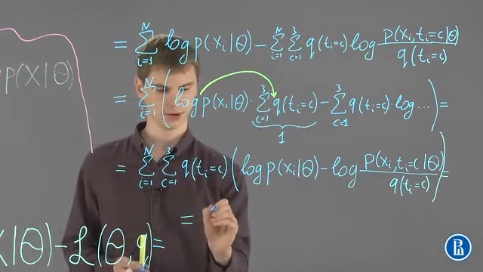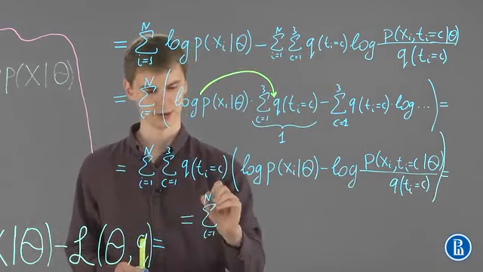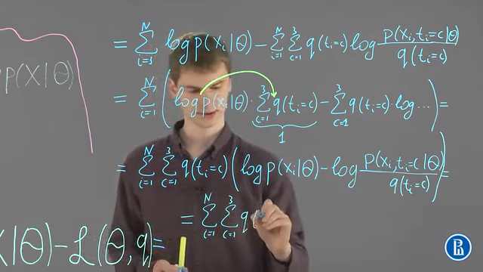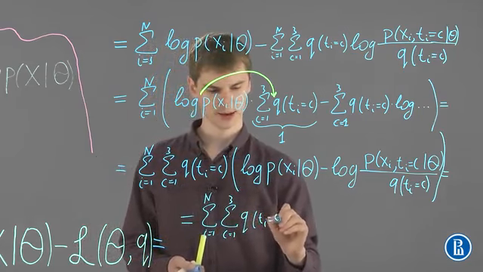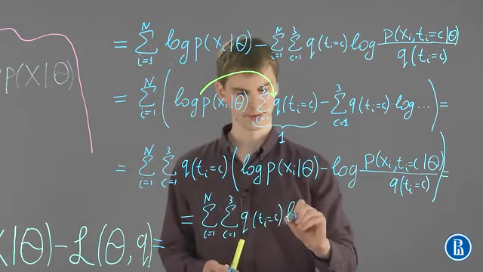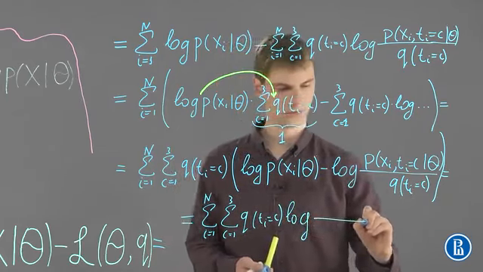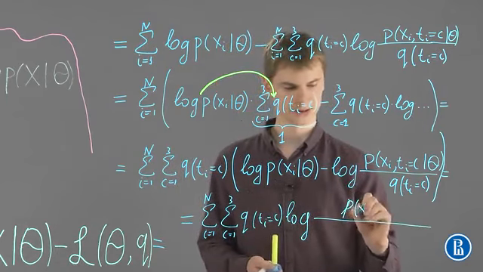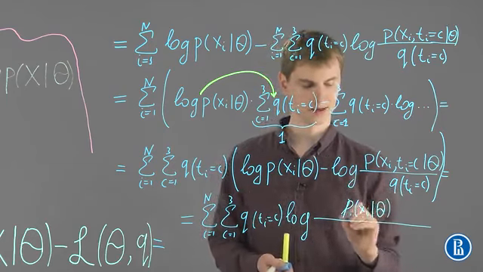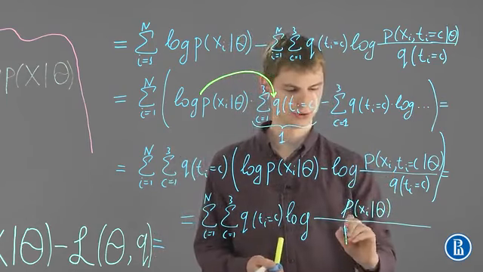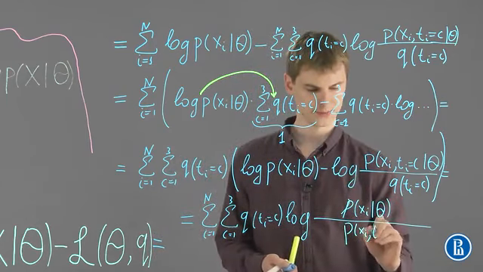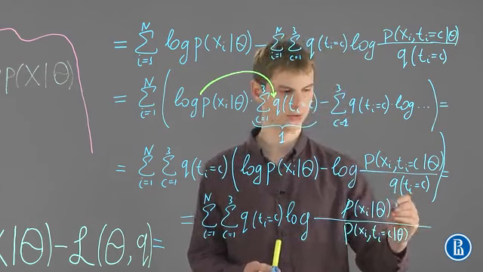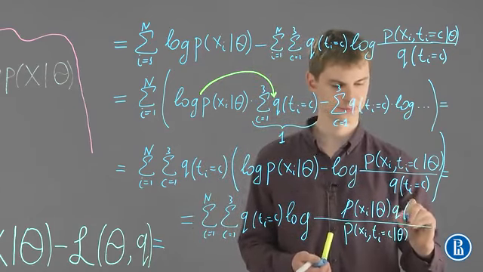It equals the sum with respect to objects, the sum with respect to the values, again the weights from the variational distribution q, times the logarithm of the ratio: the marginal likelihood p of xi given parameters theta, divided by the joint distribution p of xi and ti given parameters, and this should be divided by q, but we can put this q in the numerator because it's like division twice.